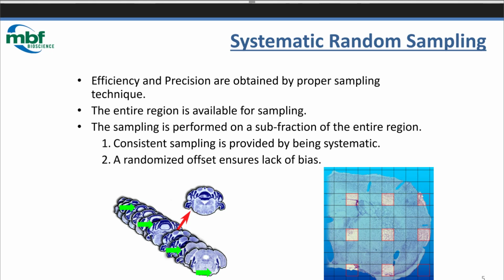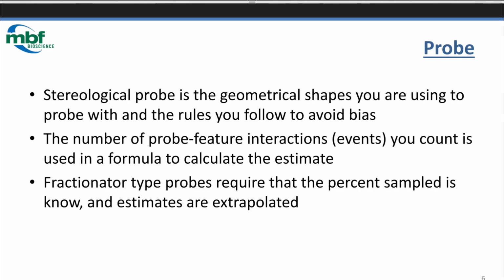So use systematic random sampling, and when we get to the sites that we're sampling, we are going to use a probe to find out about the tissue. The probe is the geometrical shapes that our program called Stereo Investigator is going to generate. It's going to superimpose it on the tissue, and our job is to count the number of probe feature interactions.